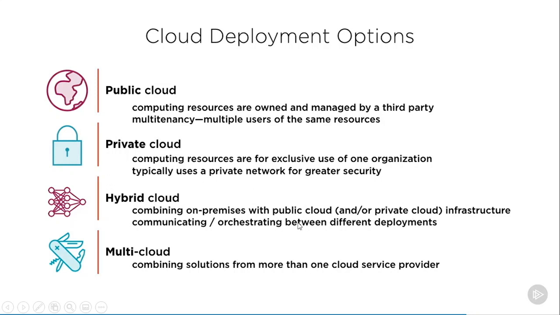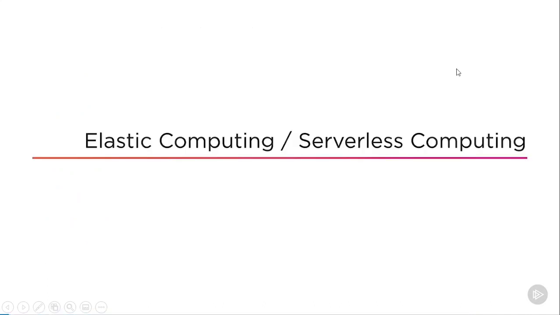I'm using my own on-premises servers, and I'm using cloud servers also. I'm creating a hybrid out of it. Multi-cloud is combining solutions from one or more cloud service providers. Like from Azure you're using one service, and from AWS you're using one service. Like that, it varies.